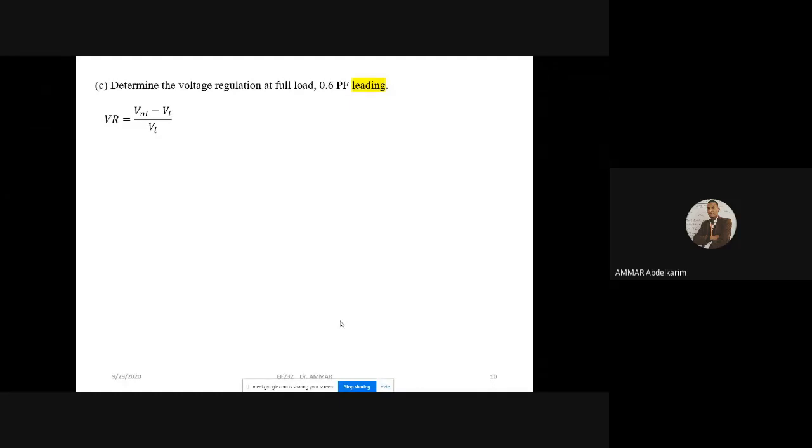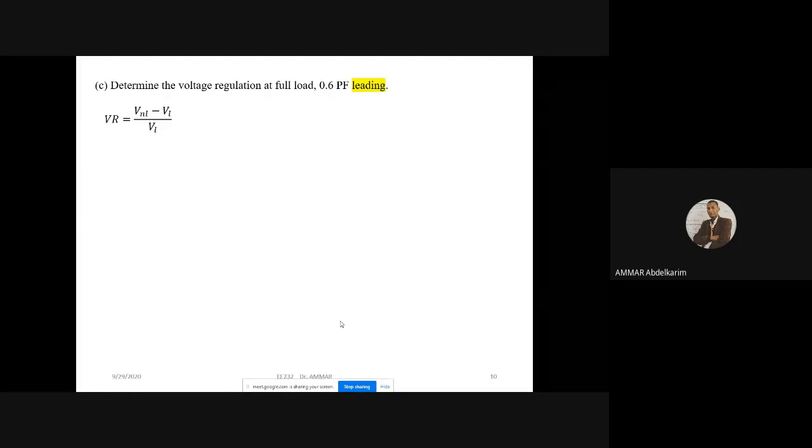We had a problem with this last time when we said no load voltage. When we are talking about the voltage regulation, it doesn't mean that we are in the no load test. The no load test can be done with the rated voltage and can be done with another voltage, not necessarily the rated.